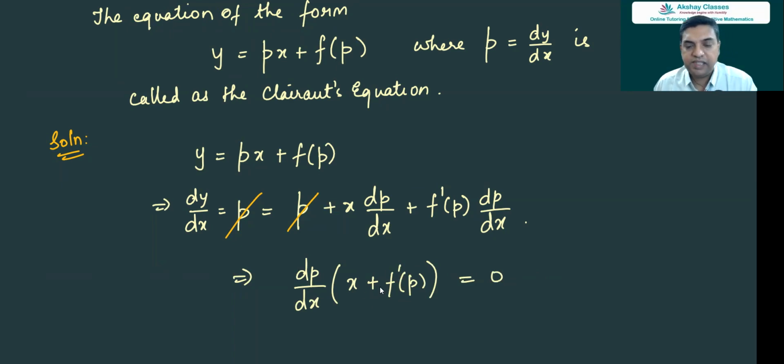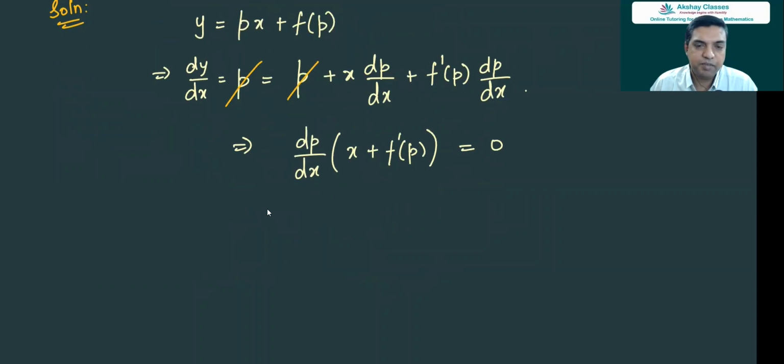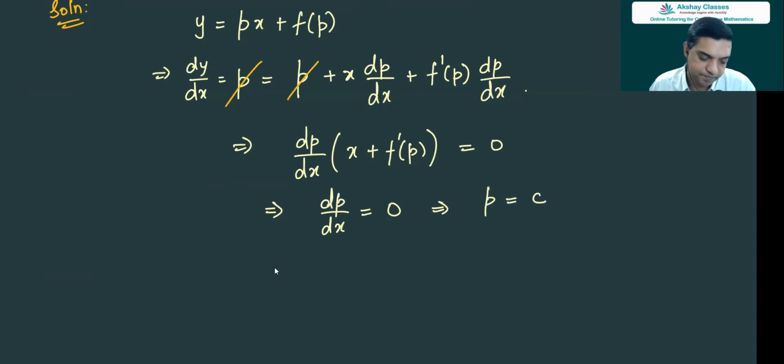Now this is a derivative of the function with respect to p, plus x. So this term will be in terms of p, this term will be in terms of x. This may not be 0. All right, can be, but may not be 0. But this implies that dp by dx is equal to 0. So we get p as some constant c.